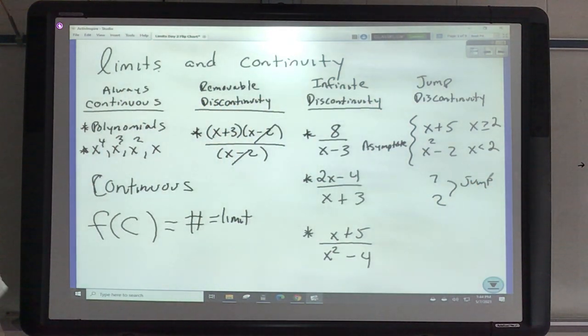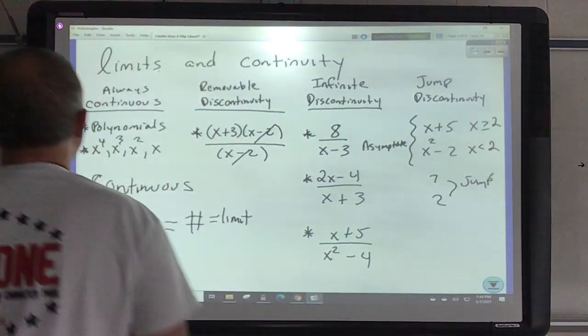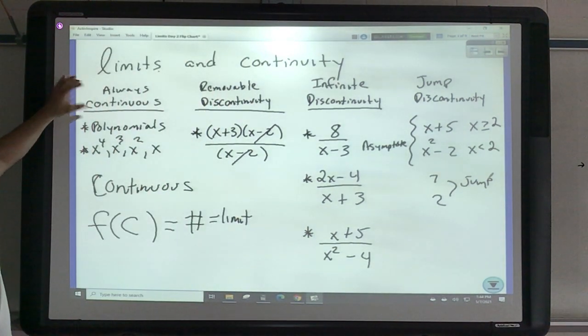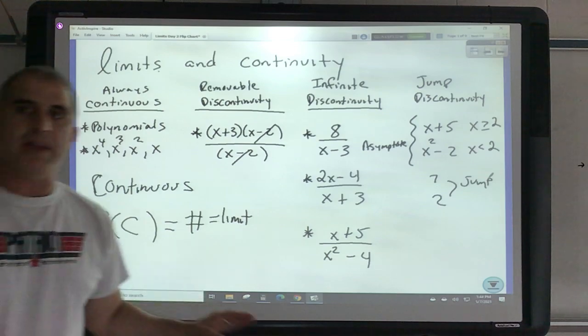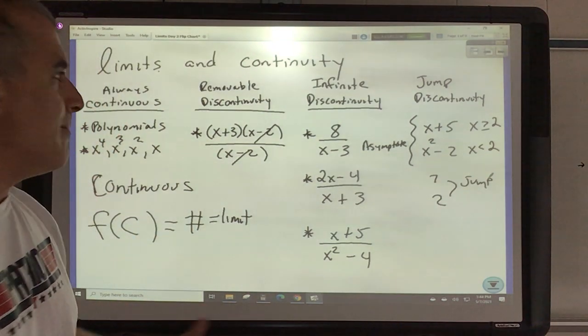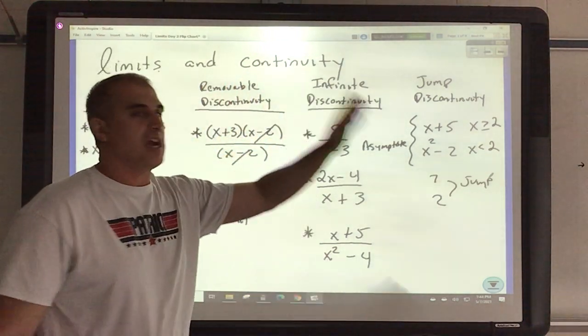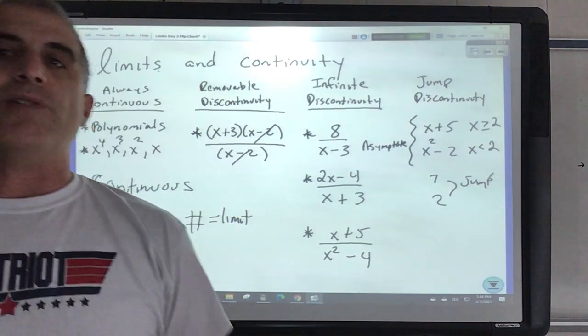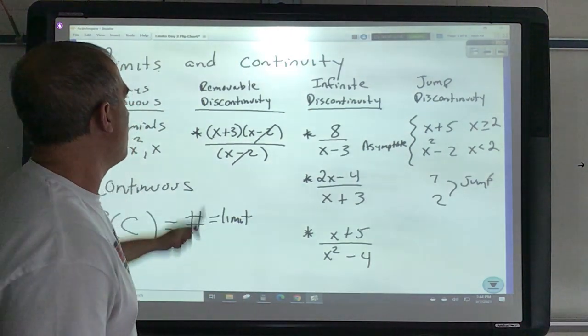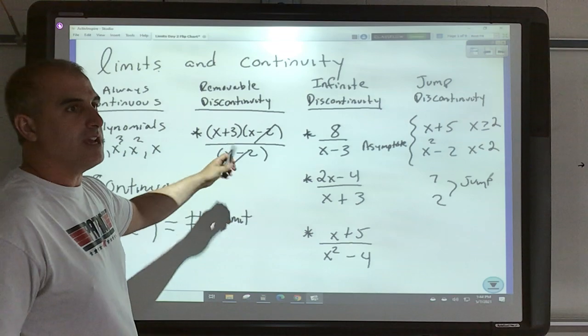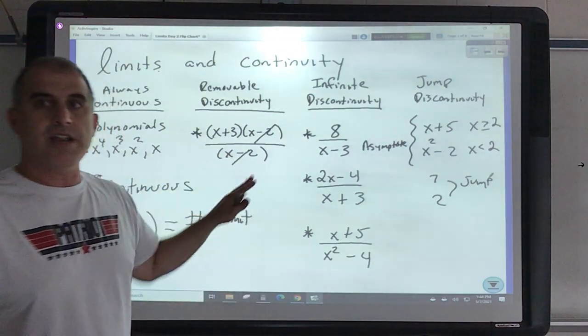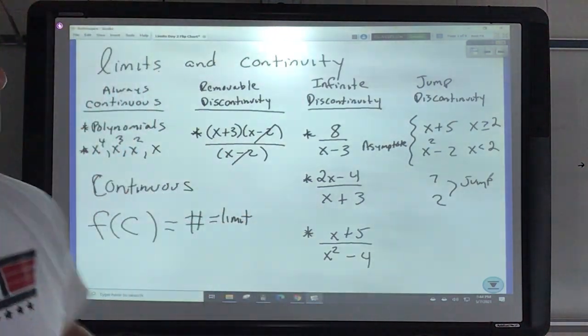Now, somebody's going to ask, Mr. Evans, if it's always continuous, then you're going to get a limit. Will you get a limit for these different discontinuities? And the answer is, for a removable one, you will.